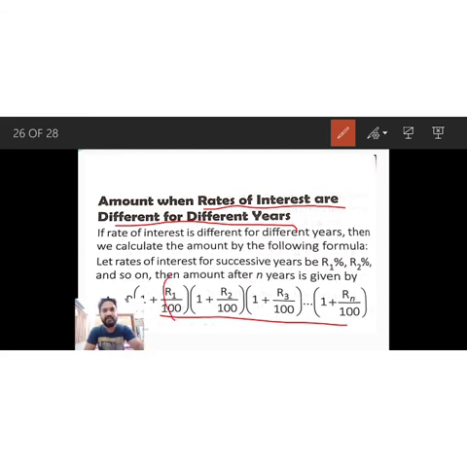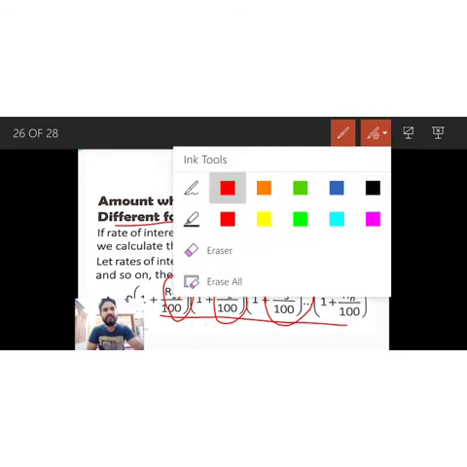R1 means the rate of interest for the first year, R2 for the second year, R3 for the third year, and so on. Maximum 3 or 4 years are there where the rates of interest are different. So when there are individual rates of interest for each year, we have to use this formula. Let us do one example according to this.